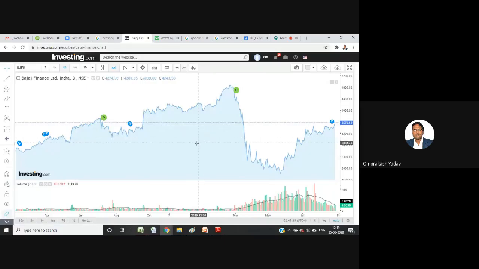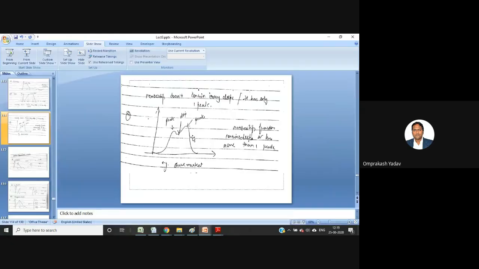So by using machine learning, they try to predict what will be the closing point for today, based on the past data. If you are able to predict accurately, it's not possible to be 100% accurate.